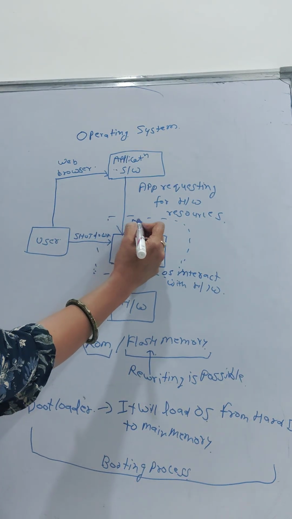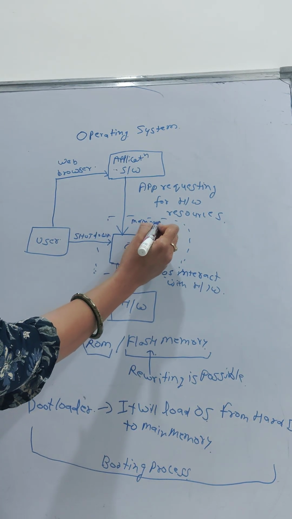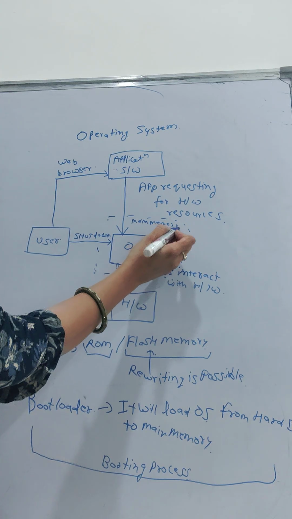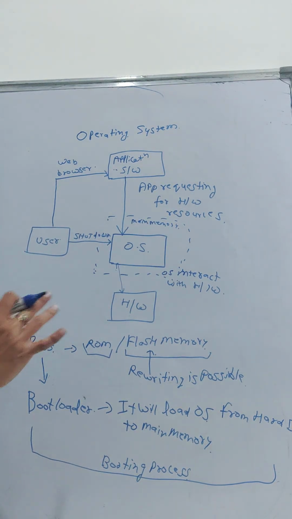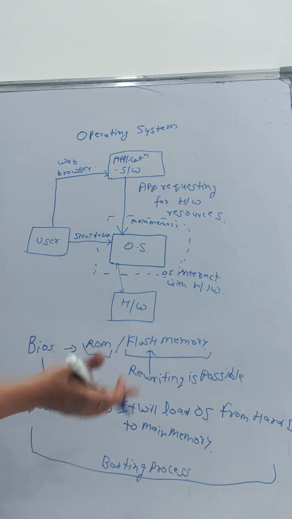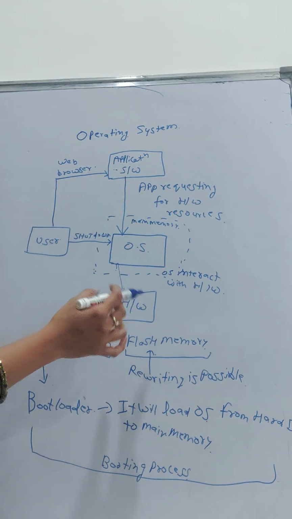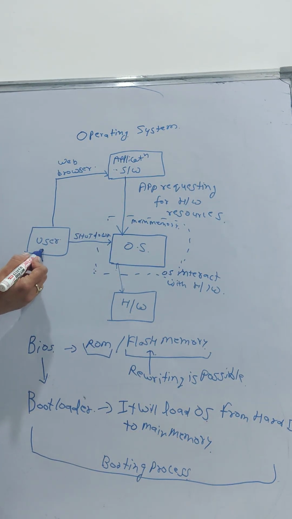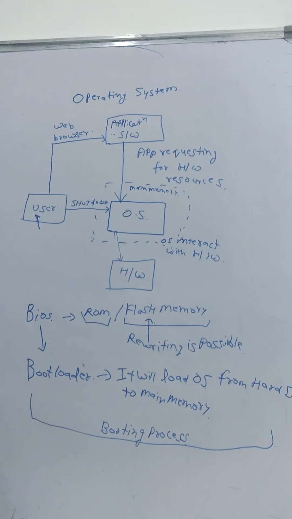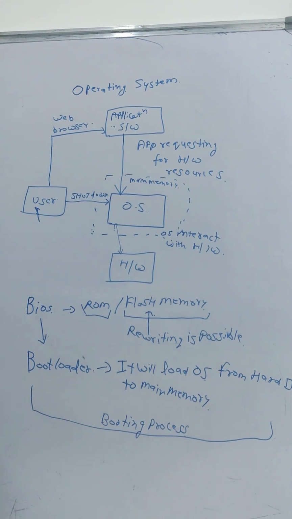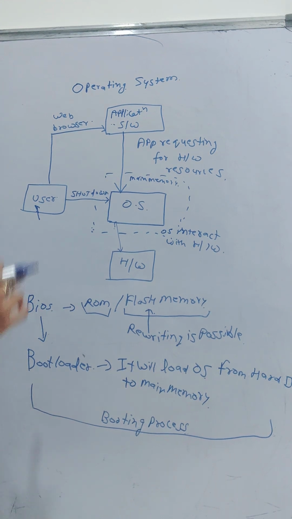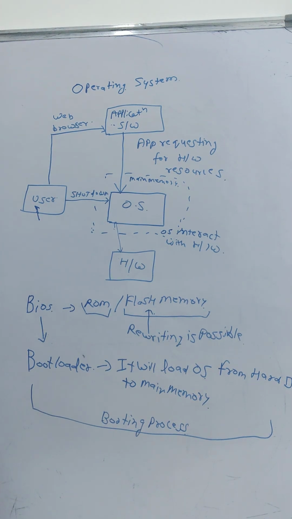This area we can assume as a main memory. Now, after booting process, we can say that our system is ready to use for user. Okay, so this was the complete flow how operating system works when you switch on the system and when you shut down the system. Okay, so if you wish, you can note it down.